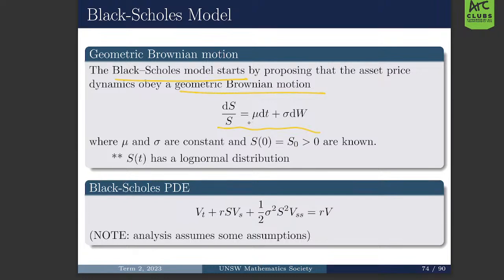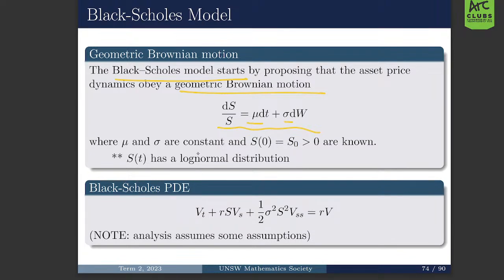And we know, again, the mu and sigma over here are constants, and we also have an assumption that at the time where we just begin, the asset price S0 should be greater than 0.